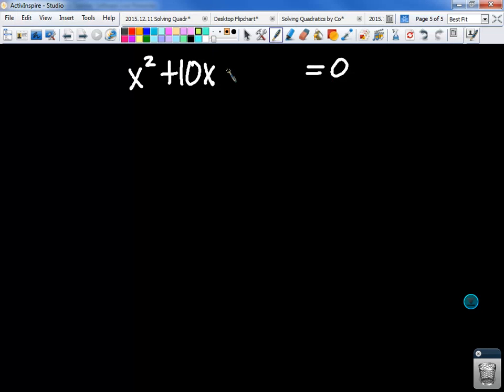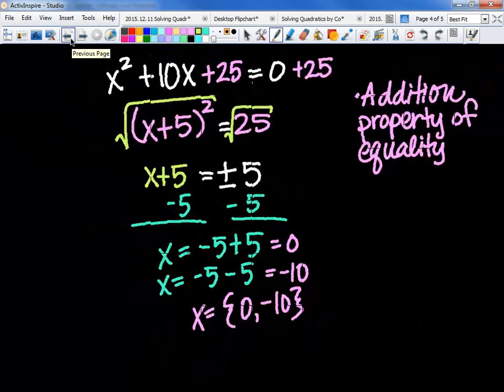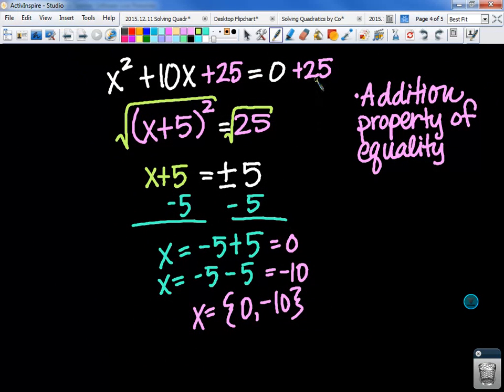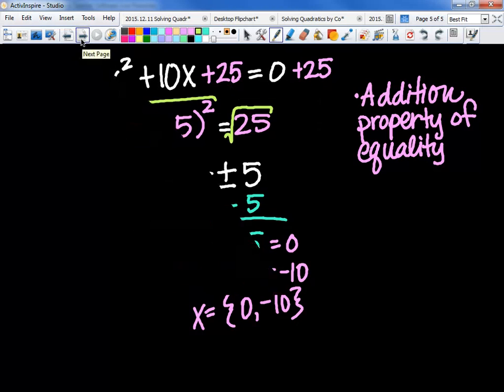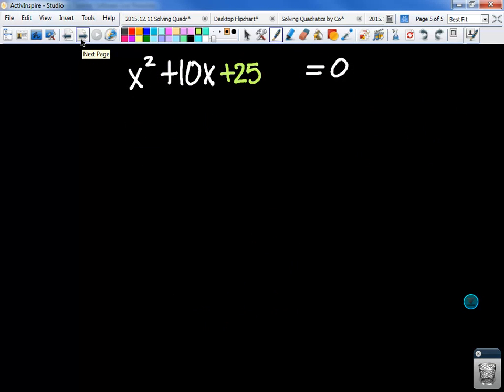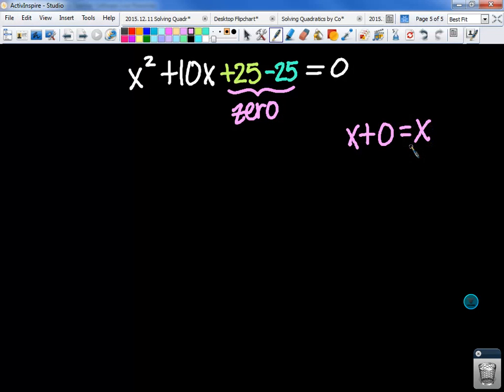Another way that I can think about this is if I add in half of 10 squared, I can do that, but in order to not change the problem, I either must add 25 to both sides of the equation, or instead of using the property of equality, I could add in a 0 pair. For every 25 positives I bring in, I need to also bring in 25 negatives, because 25 minus 25 equals 0. And I can add 0 to anything, and it will stay the same.